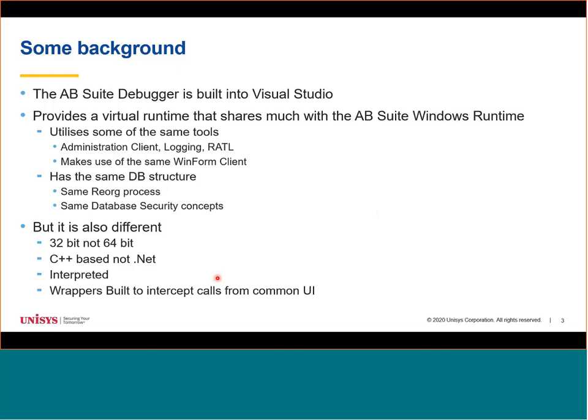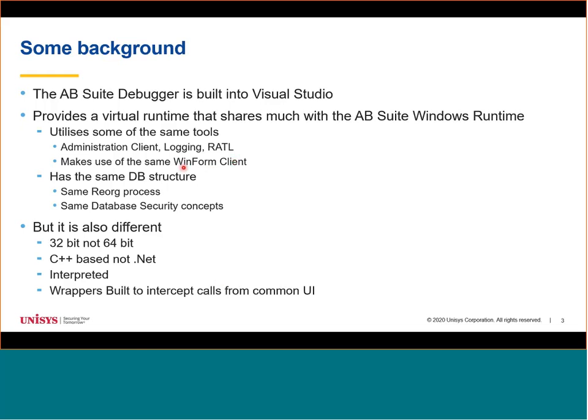One of the things that you will see as part of Debugger when you start it up is that it builds what's called wrappers. These wrappers are there to intercept calls essentially from the UIs. By default, we would use the WinForm client to display anything.